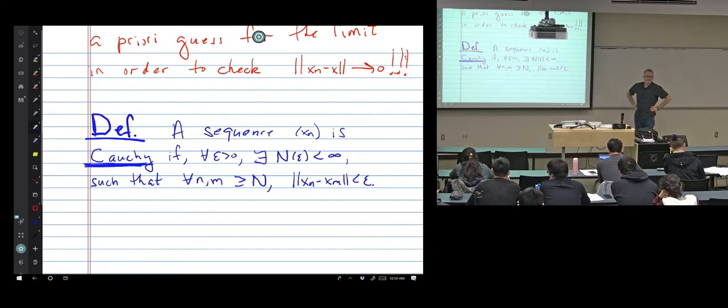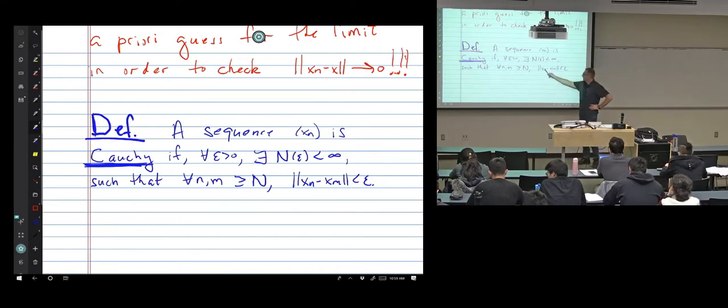Okay, so why is this different than the definition of a converging sequence? There's no limit in the picture, okay? This is something I can check on just the elements of my sequence. I don't need the candidate limit point.